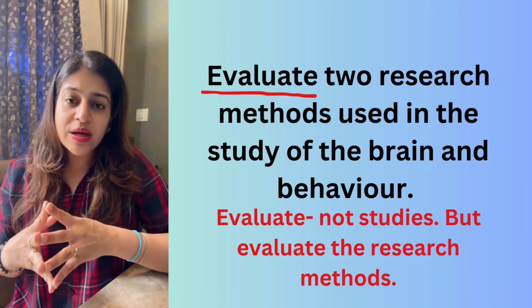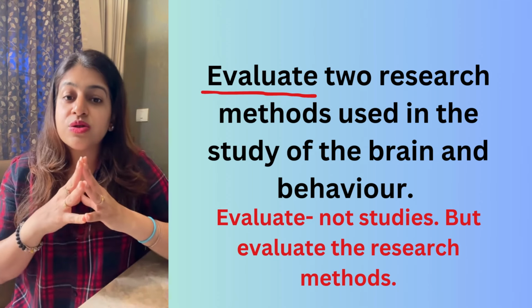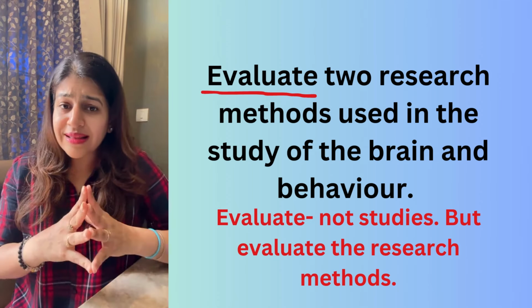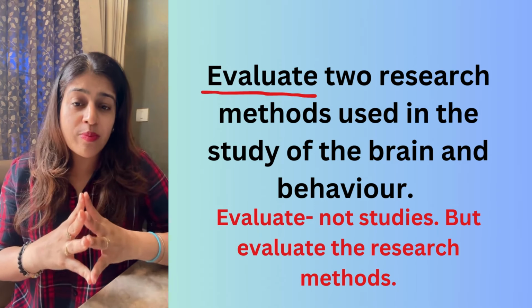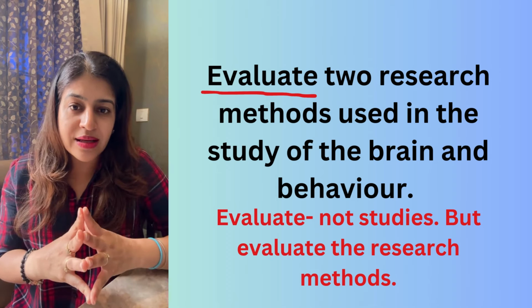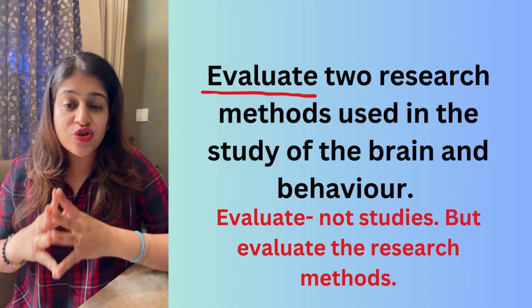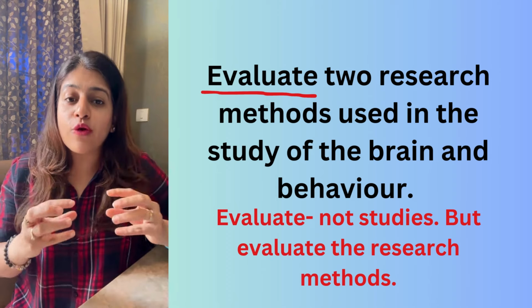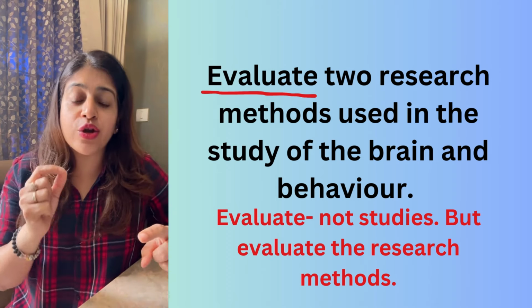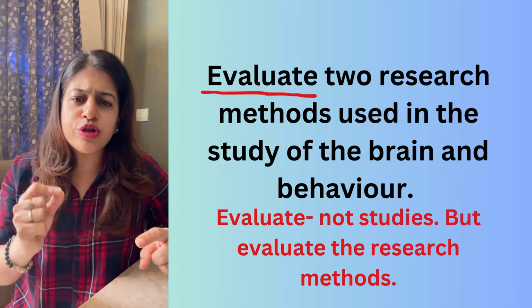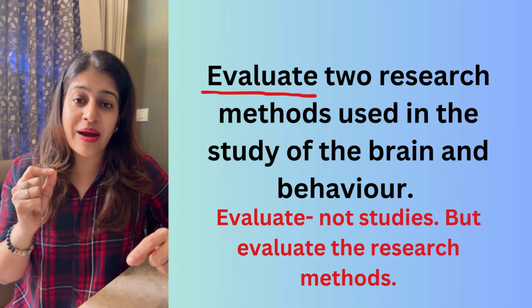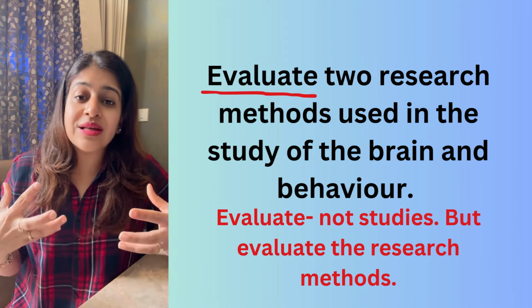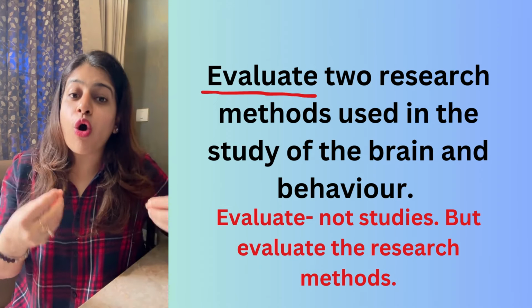Now, what are we evaluating here? We are evaluating the research methods. That means you need to write the strengths and weaknesses of the research method that you are using in the study. Most students make a mistake by focusing on the strengths and weaknesses of the study.